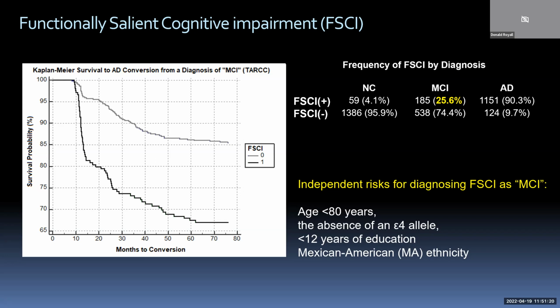But I would just point out that the risk factors for this discrepancy were things that thwart clinical assessments. It was a relatively young age, the absence of an E4 allele, low education, or Mexican-American ethnicity. In other words, maybe taking the test in Spanish or having to conduct the interview through a translator.